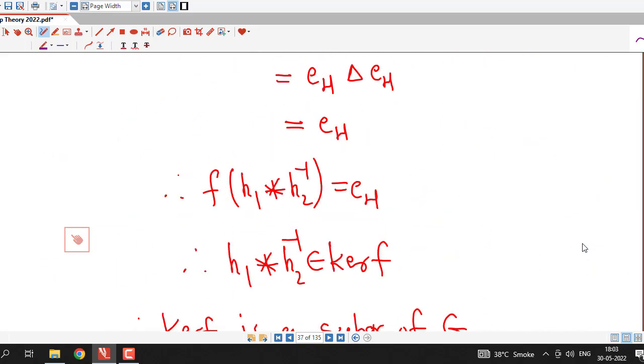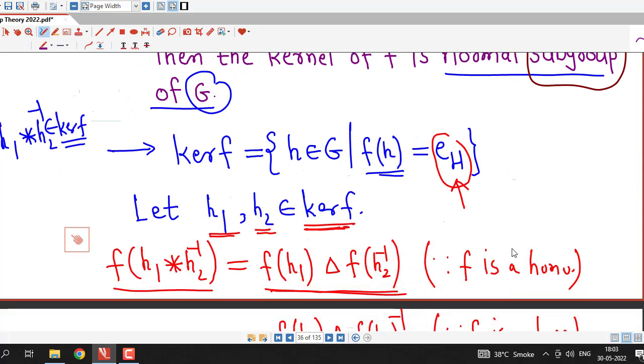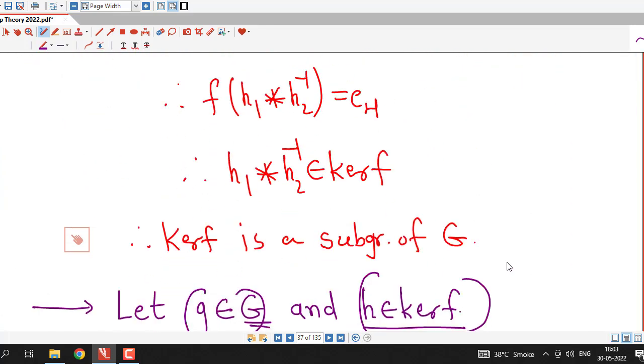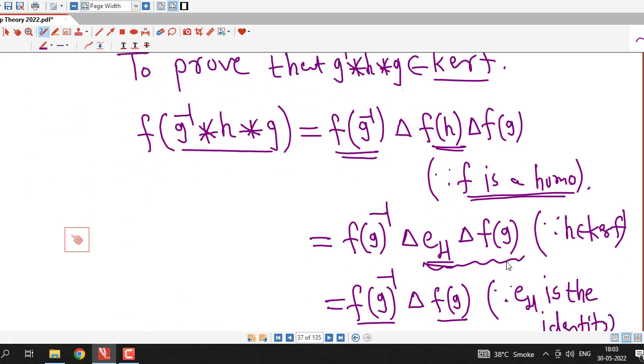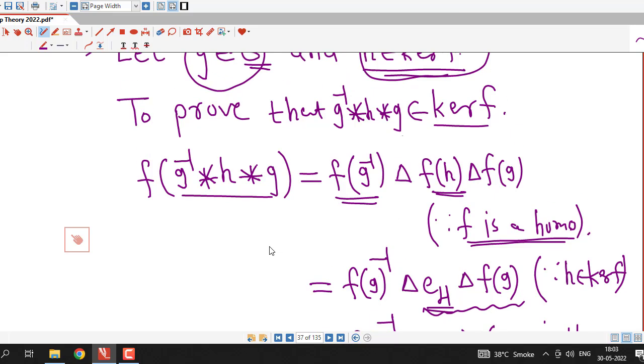So it is easy to prove that kernel of F is a normal subgroup. We just have to recall the definition of subgroup and normal subgroup, and we are using the properties of group homomorphism. Mainly we are using this property, F of A inverse equals inverse of F of A. We are using the definition of homomorphism: homomorphism preserves operations.